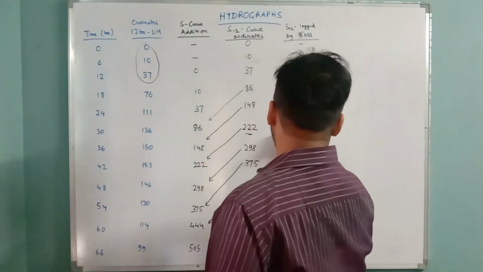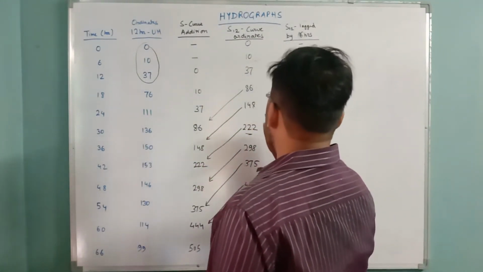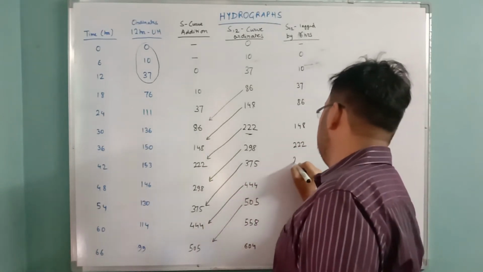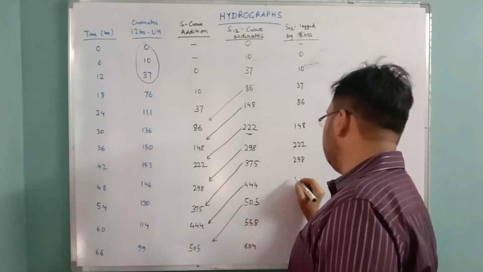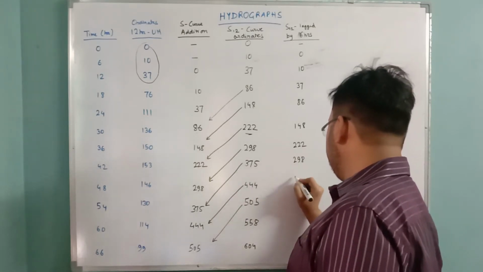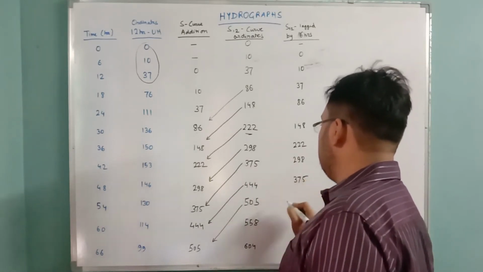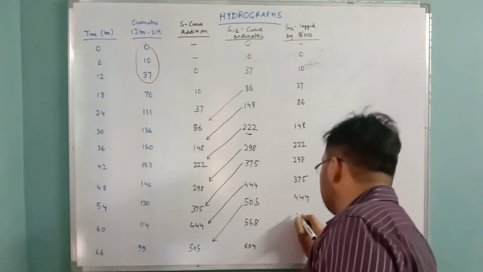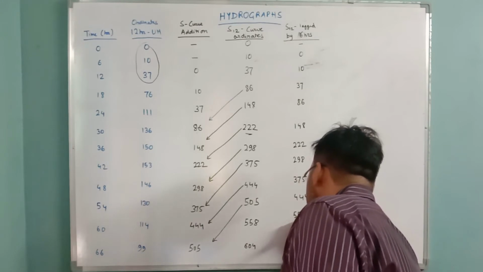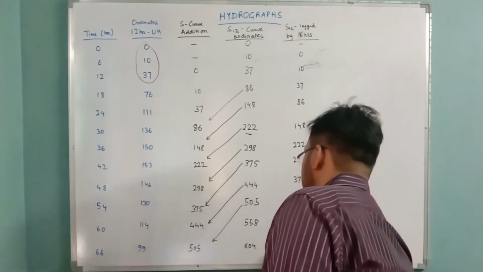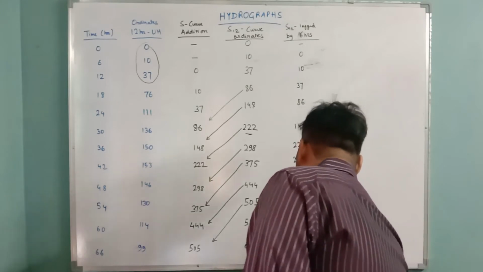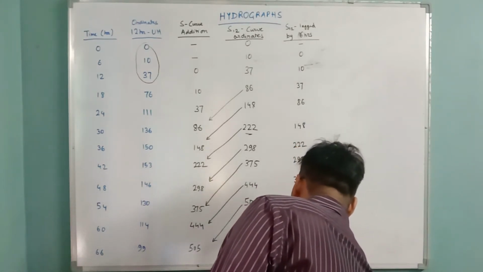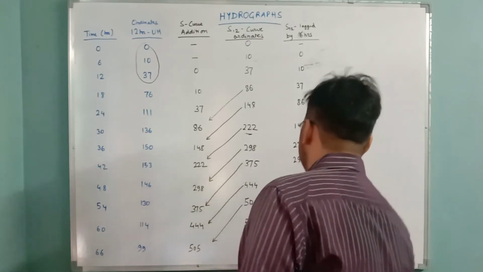86, I am proceeding in the right way. 148, 222, 298, 375, 444, 505, and then it will be 558.